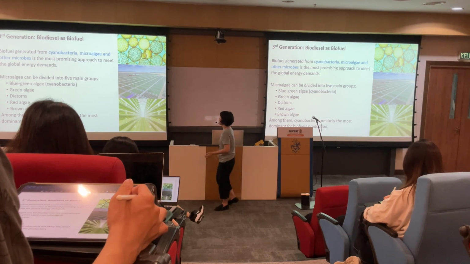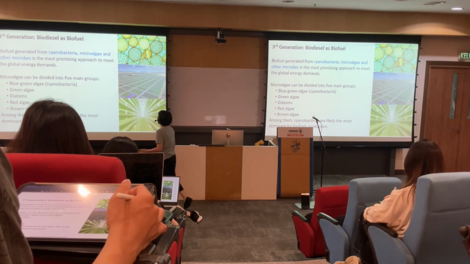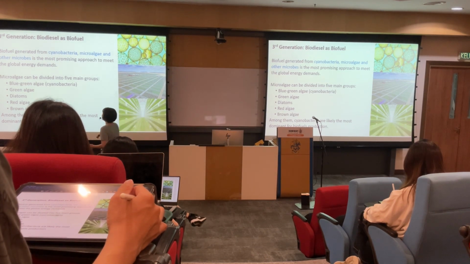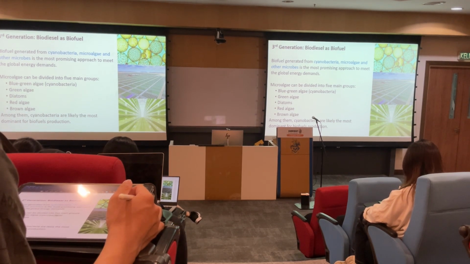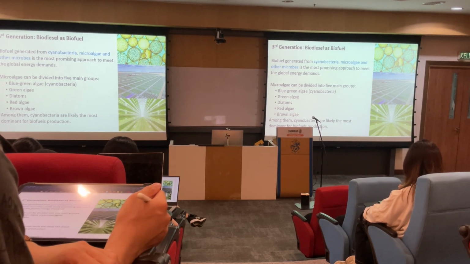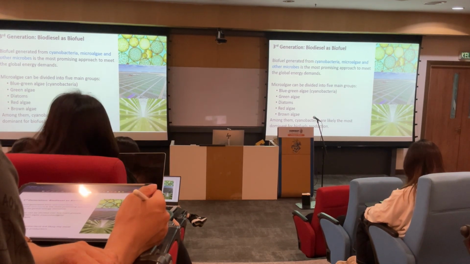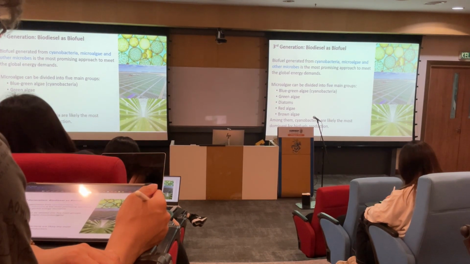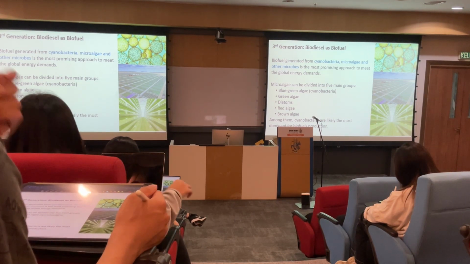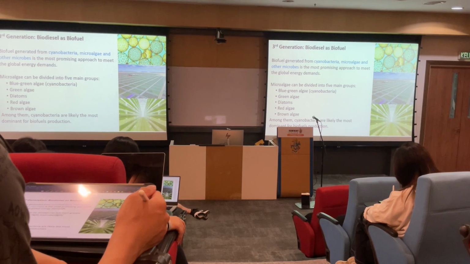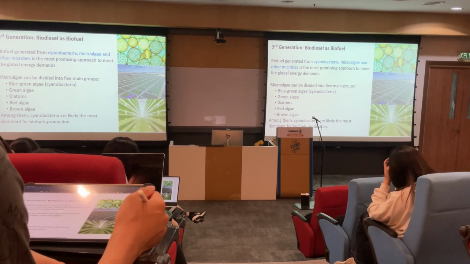This is third generation biofuel, and I'm using biodiesel as an example. In the third generation, currently it is still very hot. People are still researching it, to find a good way of using microalgae or other very small microbes to produce the biodiesel.